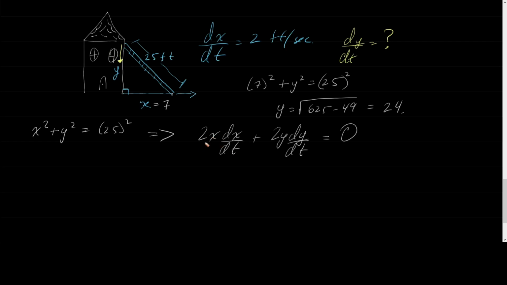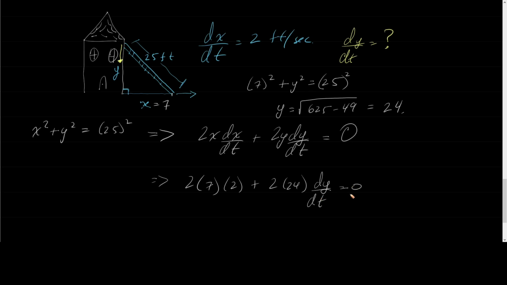So I needed x. Now I have 2 times x, which was 7, times dx/dt, which was 2, equals the negative of 2 times y, and y was 24, as we just figured out. dy/dt is what we're looking for.